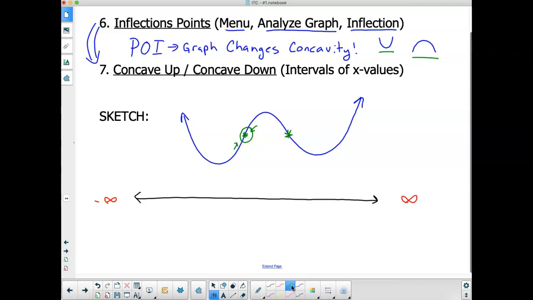Okay, so I know to the left of this first asterisk, I'm concave up, and I know between these two asterisks, I'm concave down, and then from this asterisk out, I'm concave up again. Okay, well, those asterisks, those are inflection points or points of inflection.